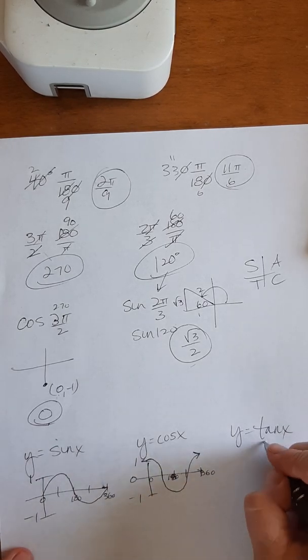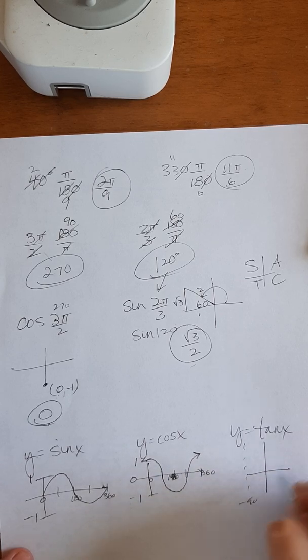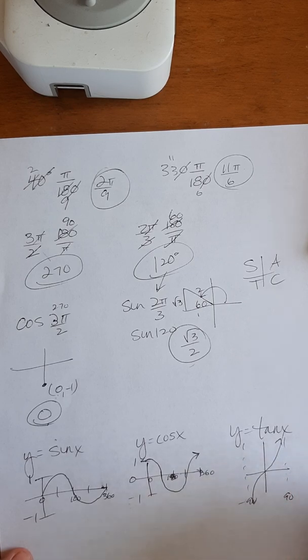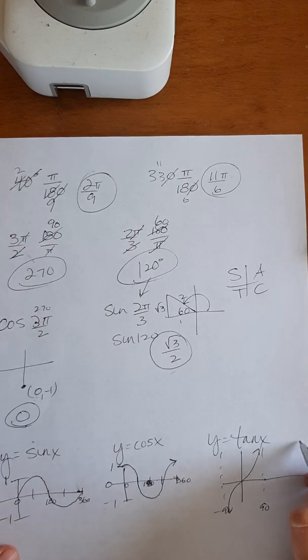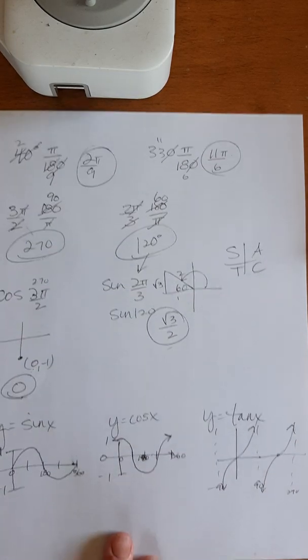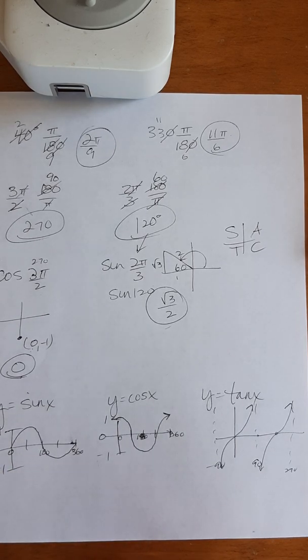And then tangent, you can say between -90 and 90, or you could say between 90 and 270, if you want to do another one. A tangent's just a positive squiggle. Now, this is traditional sine and cosine.